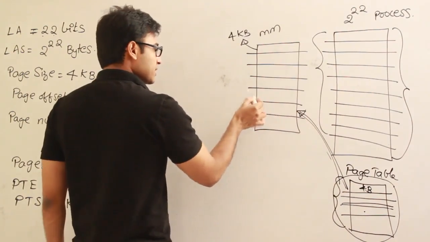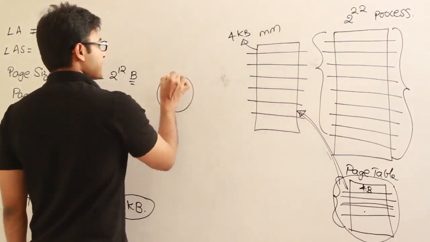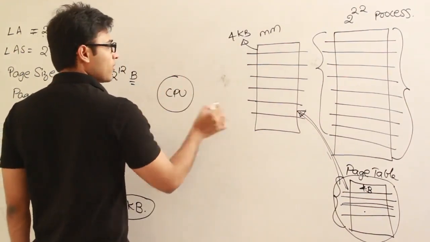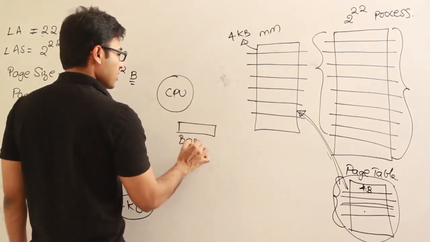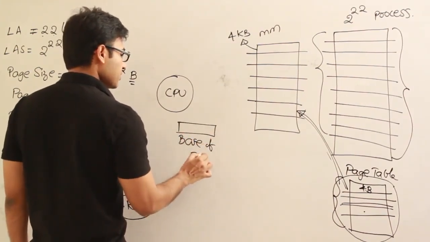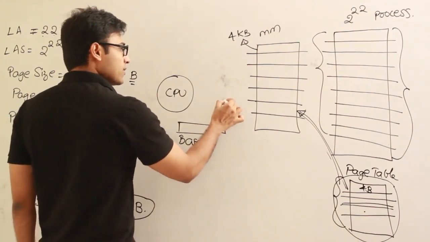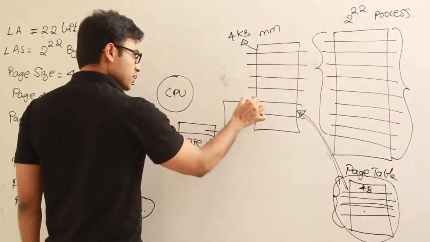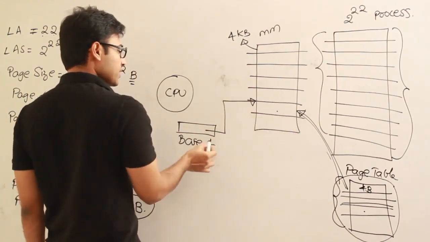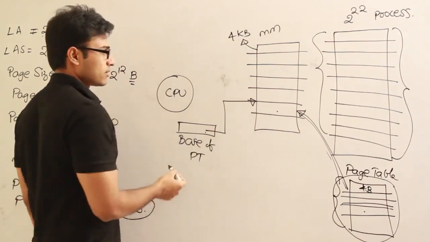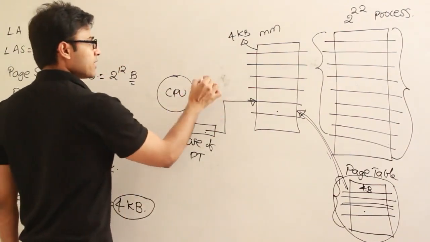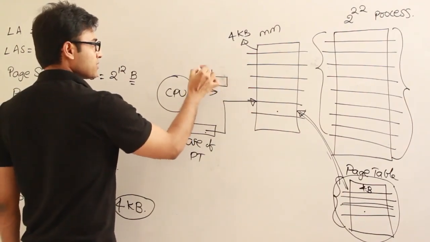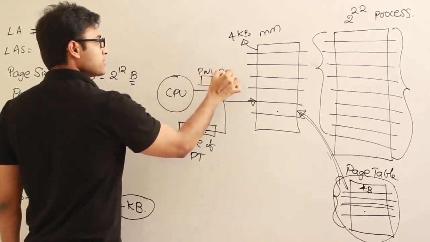Then the CPU will be provided with the base address of the page table. This is called the base address of page table. It points to the starting address of the page table. If the page table is loaded in this frame, then this will contain the frame address of that. Got it? Now whenever the CPU generates a logical address, it can be divided into two parts: page number and page offset.